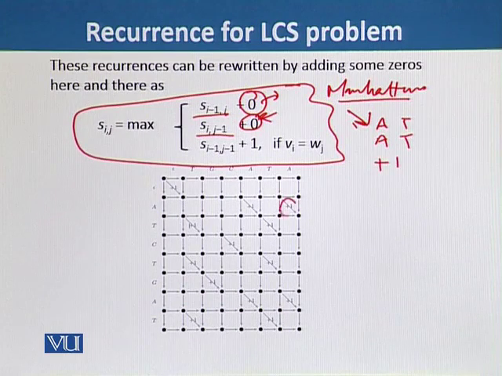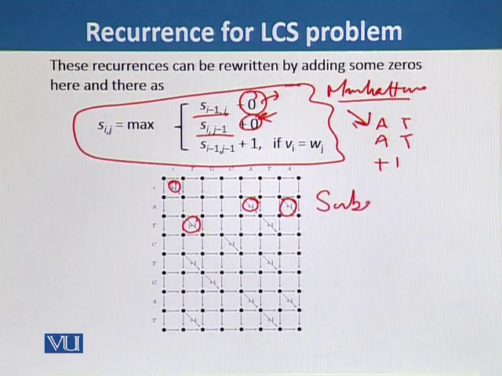Here we can see this is a +1 edge, as indicated in this figure. So by adding the 0 and +1 at the edges, we will get the subsequences that are present in both the V and W strings.